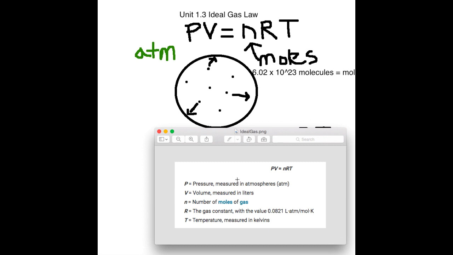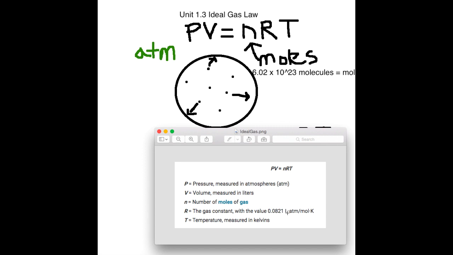Pressure measured in atmospheres, volume measured in liters, n the number of moles of gas, R the gas constant with the value 0.0821 liters times atmospheres, this whole top part divided by moles times Kelvin.